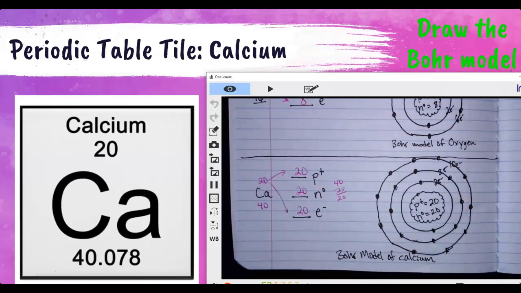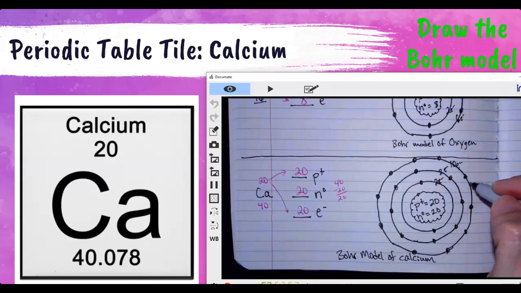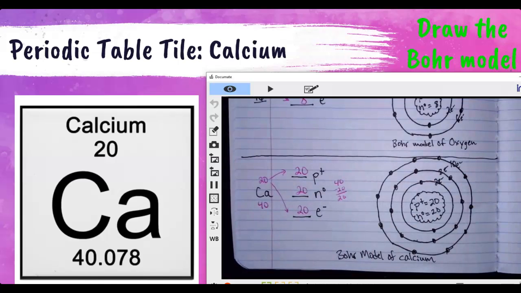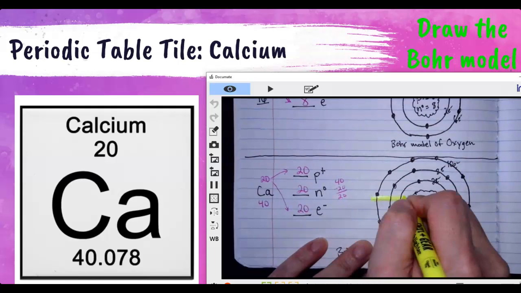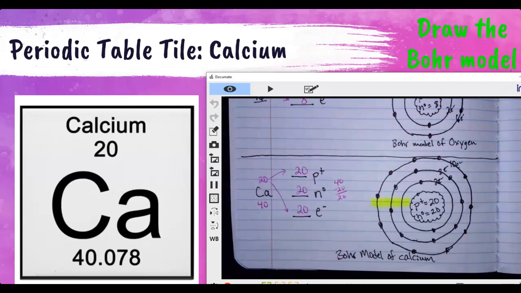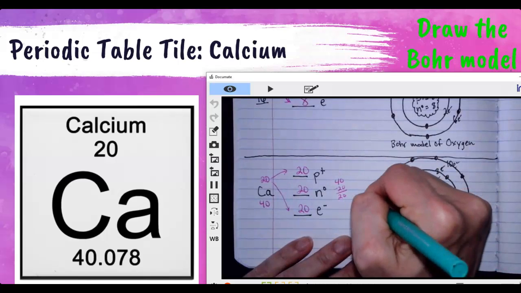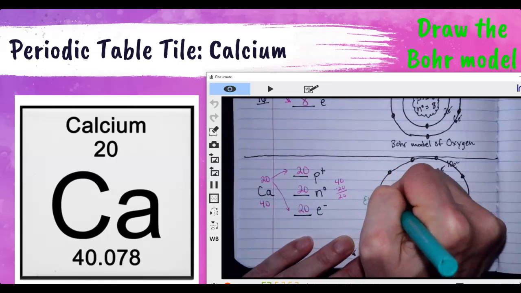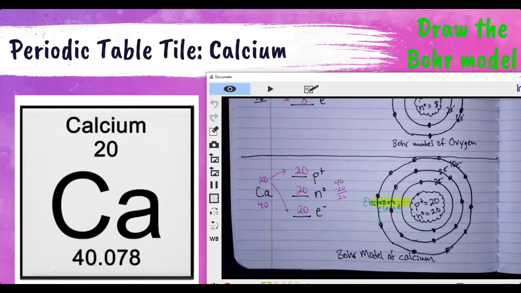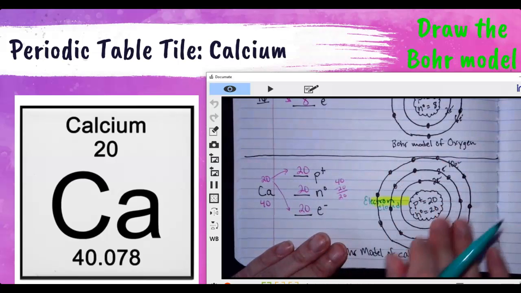There's a reason why we draw these energy levels. Also, one thing that we're going to label on here, and you can use your pencil or whatever, I'm going to highlight it. All of these energy levels make up the electron cloud. The electron cloud is broken into these different energy levels.